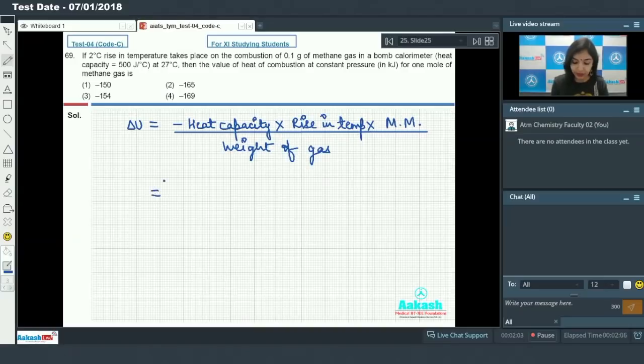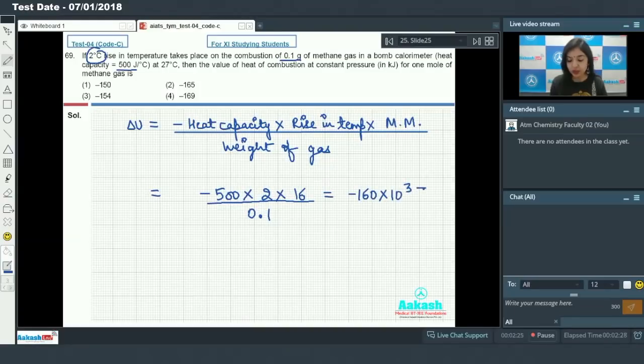Fine. So heat capacity we have been given, that was 500, and the rise in temperature is 2 degrees Celsius, into molar mass of methane gas, that is 16, divided by weight of the gas, that is 0.1 gram. So it is equal to minus 160 into 10 raised to the power 3 joules.